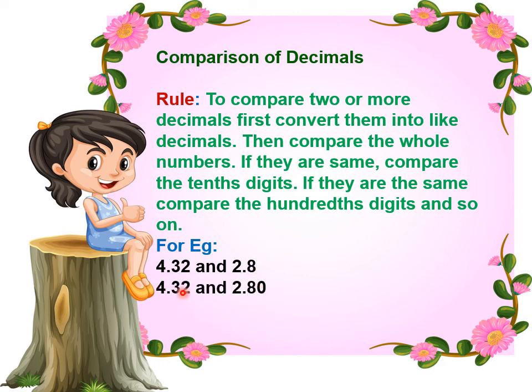So 4.32 and 2.80. Now they are like decimals. Now we have to compare the whole numbers 4 and 2. Between 4 and 2, which one is the greatest? 4. So 4.32 is greater than 2.8. Okay children, thank you.